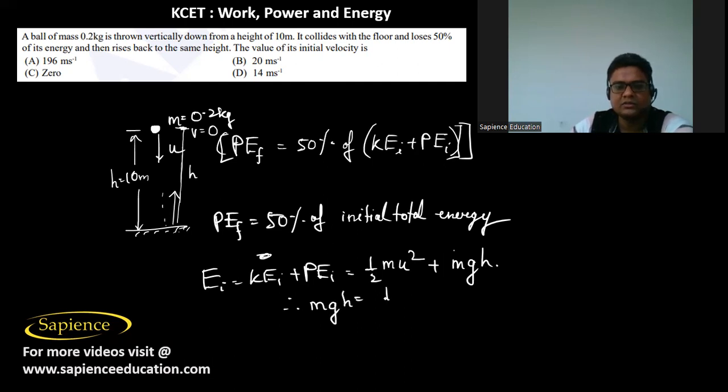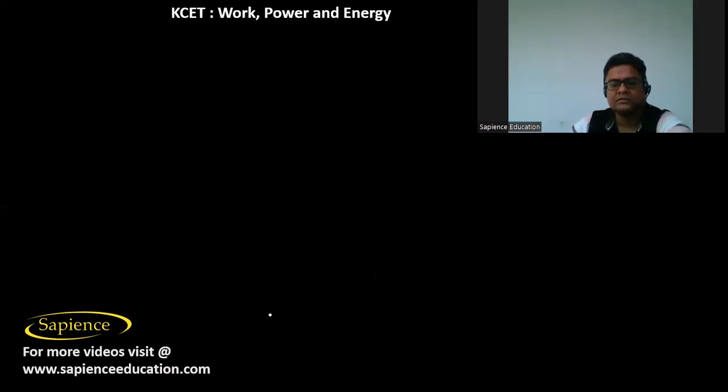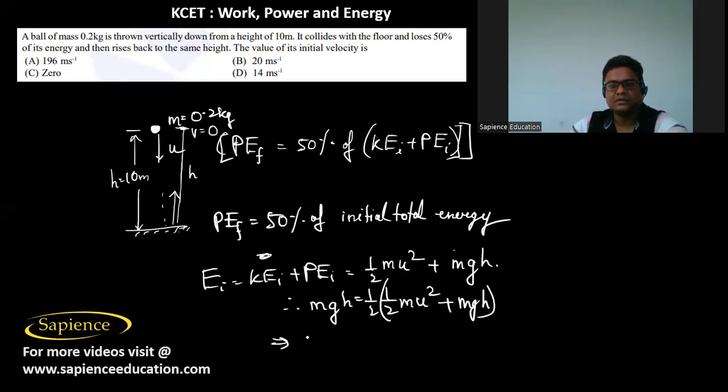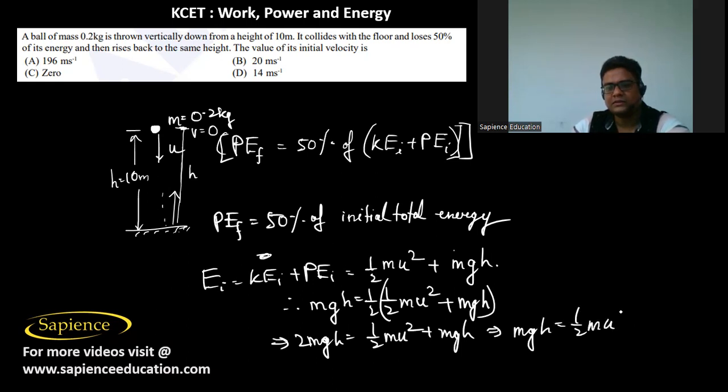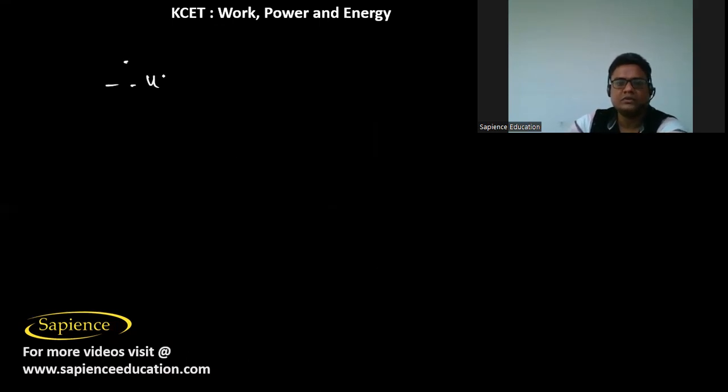So mgh is equal to half of half m u square plus mgh. Then if we solve it, 2mgh is equal to half m u square plus mgh. So it means that mgh is equal to half m u square. So m will cancel, u square is 2gh, so u is equal to root over 2gh.